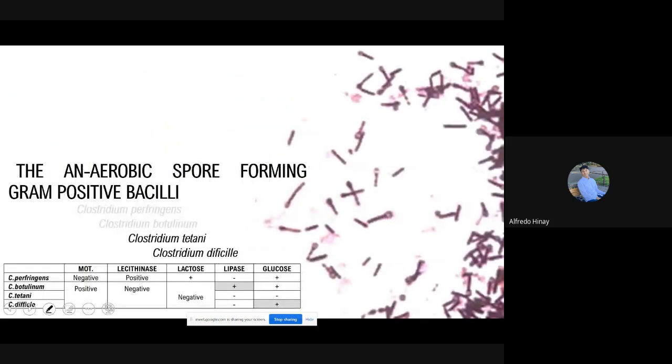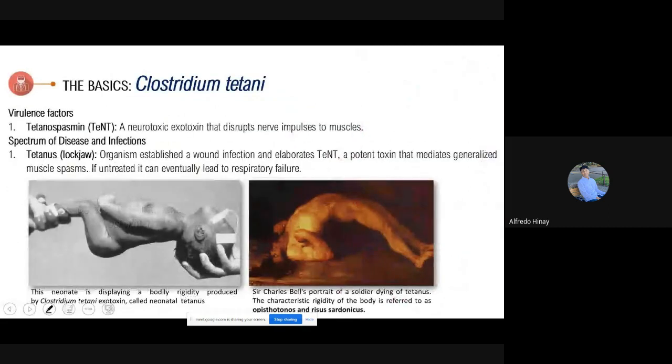So lastly, we have Clostridium tetani and Clostridium difficile. Let's start with tetani. If botulinum has a neurotoxin, Clostridium tetani has tetanospasmin, a neurotoxic exotoxin that disrupts the nerve impulse to the muscle. Earlier the paralysis was flaccid; this one is rigid.